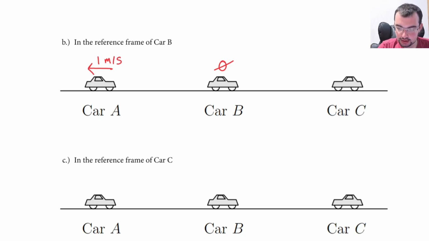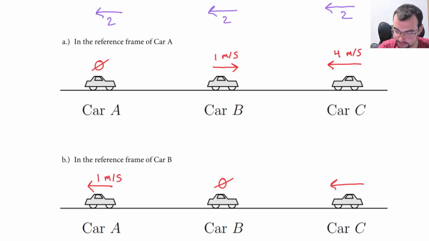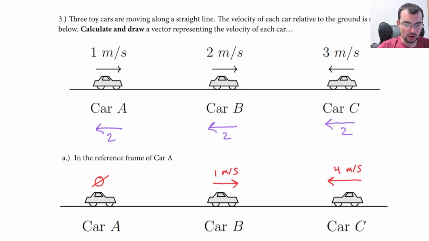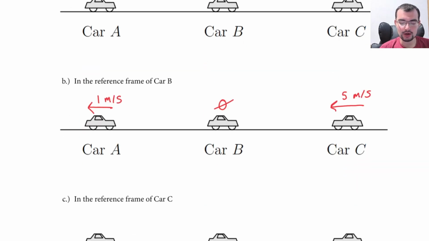And they see car C approaching at, what is that going to be, 6? 5. So again, 1 right, 2 left makes 1 left. 3 right, 3 left, 2 left makes 5 left. So car B actually sees car A moving backwards relative to them because they've sort of passed car A.